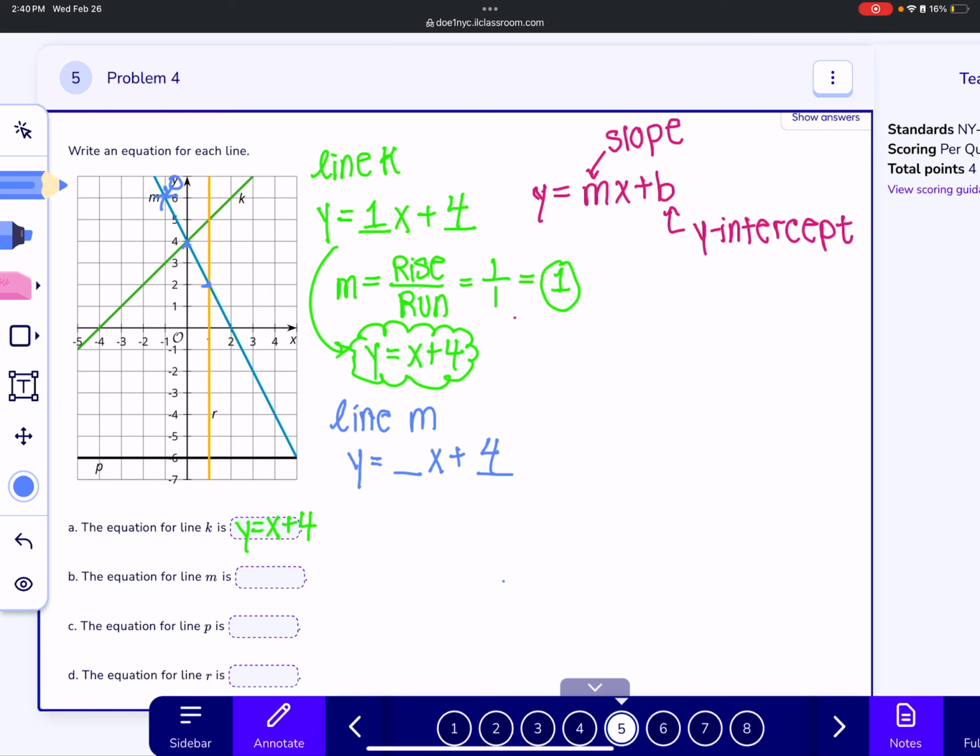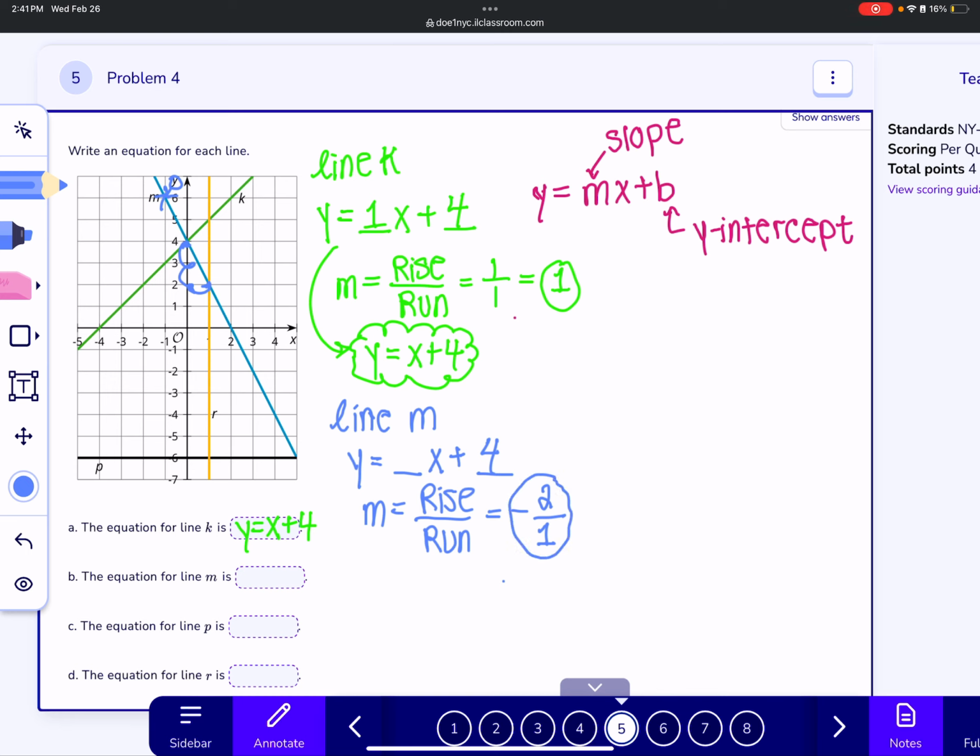So we are going to say that it's a negative slope of 2/1 because we're rising 2 and we're running 1.